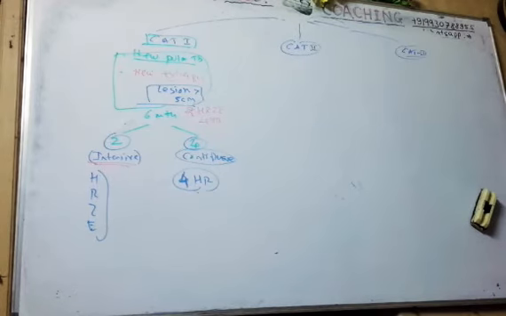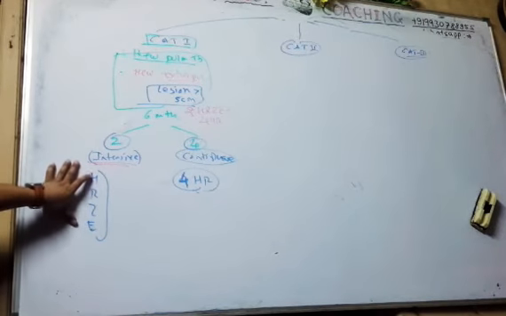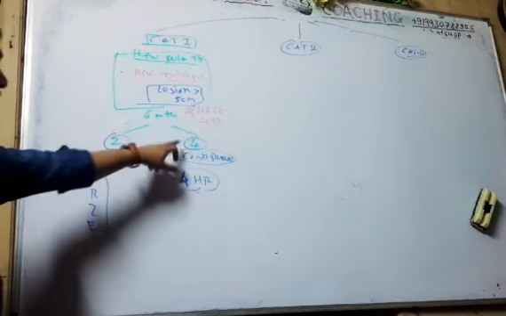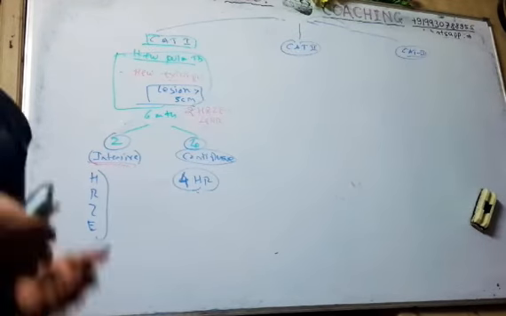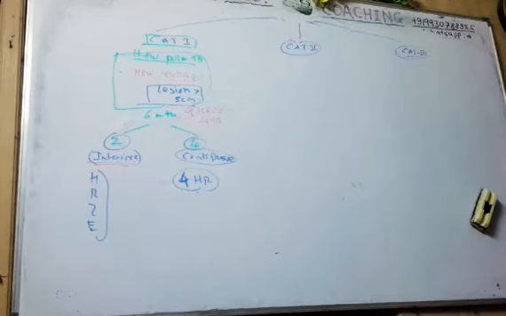So I am going to give 2HRZE plus 4HR, that means for 2 months I am going to give 4 drugs, and next 4 months 2 drugs. So for all new patients, I am going to have category 1.